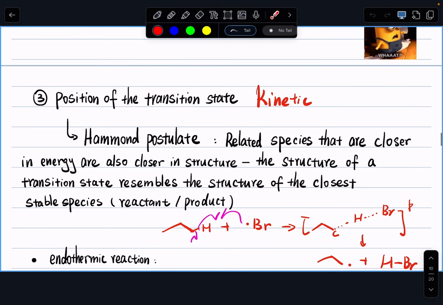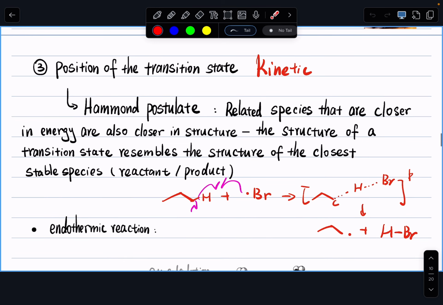So from there, we'll introduce a third factor, which is the kinetic factor. Now we're talking about the actual transition state, where we're dealing with partially broken and partially forming bonds.